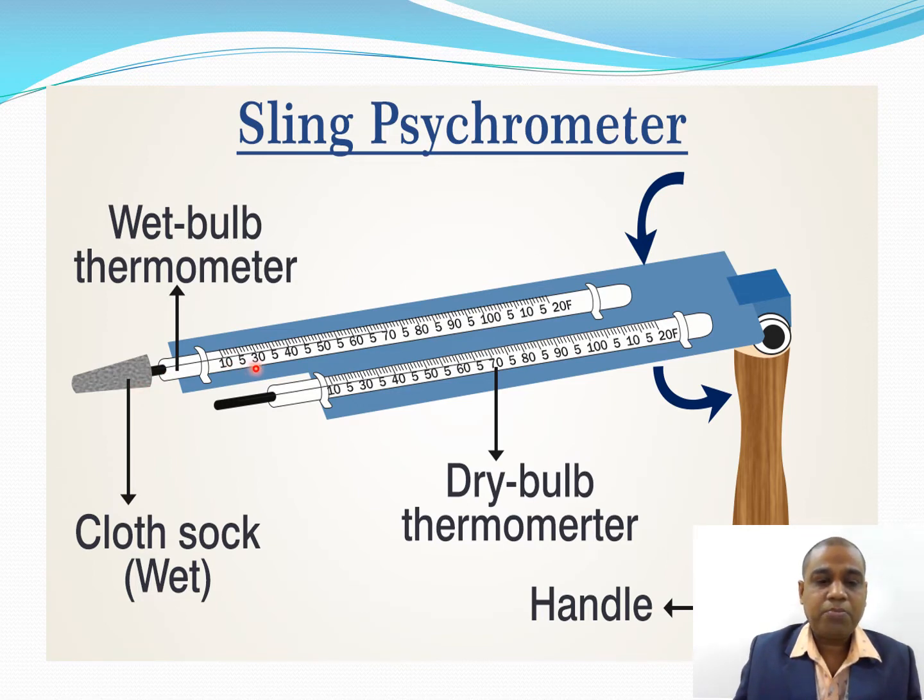And the temperature of air is recorded by the graduation given on the wet bulb thermometer. And by the side, another thermometer is arranged, and this one is a dry bulb thermometer.